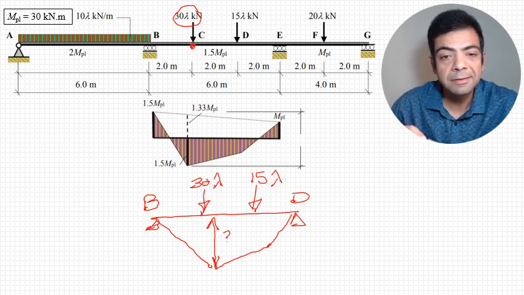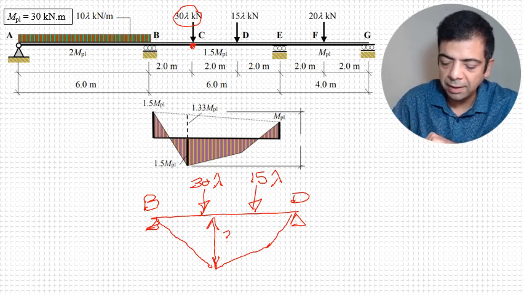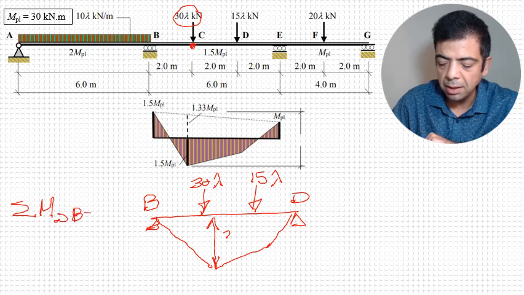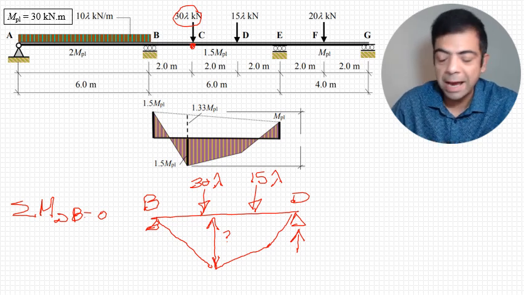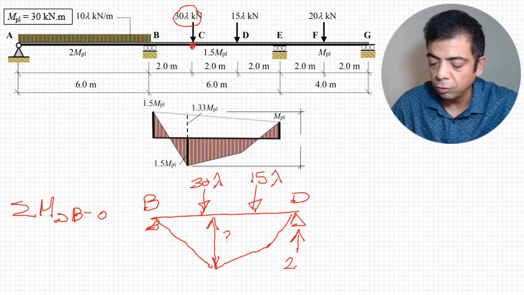Yes, this is going to be a simply supported beam. So by taking summation of moments at B equal 0, we can figure out the reaction at D. So the reaction at D, if we do the math, it will turn out to be 20 lambda.